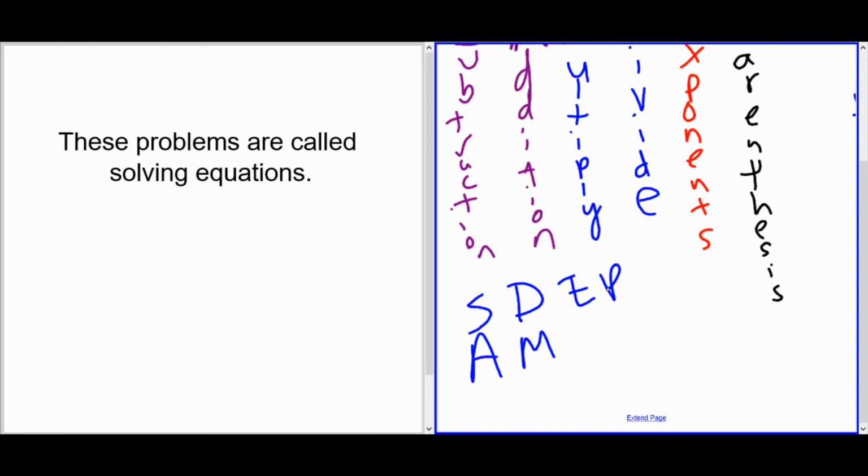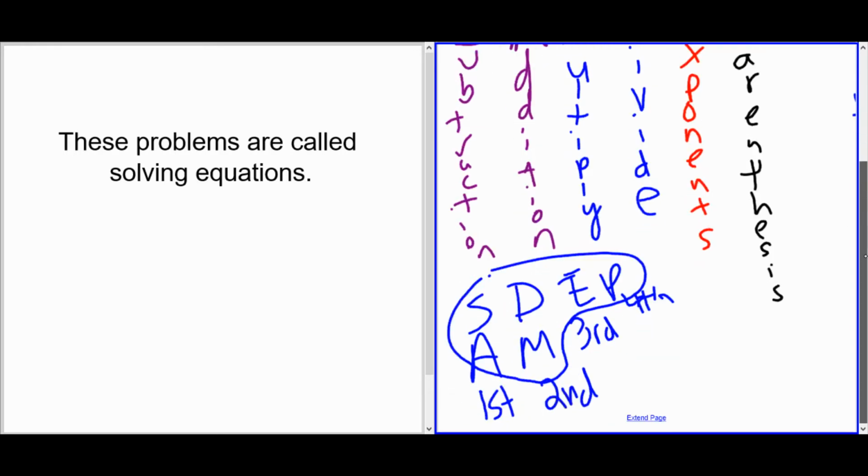So next to every problem, I like to write that just so that I remember to use this order, okay? So I remember to first undo addition, subtraction, then undo multiplying and dividing, then undo exponents, and then take care of parentheses, okay? So I just like to write that next to each problem so that I remember to do it. So it's SAD MEP.